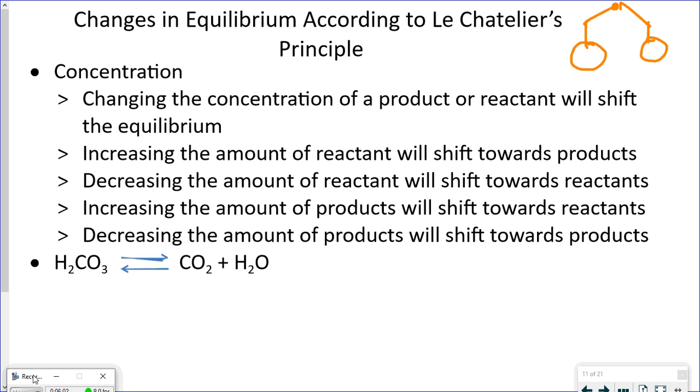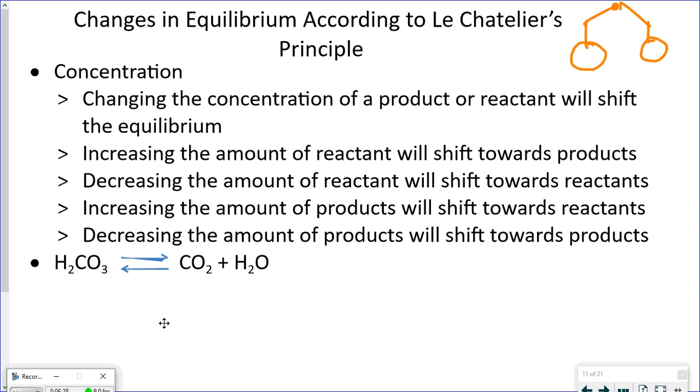And the same is true if you do it on the product side. So the general rule is if you add something to one side, equilibrium will now shift to the opposite side to reestablish equilibrium. If you take away something from one side, equilibrium needs to shift towards that side to reestablish equilibrium.